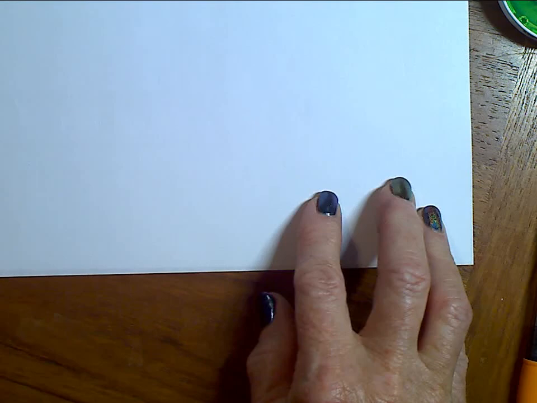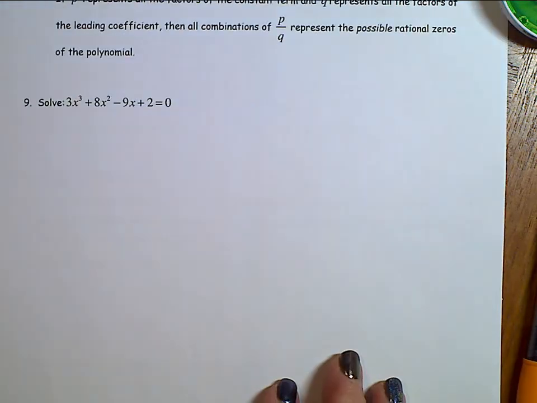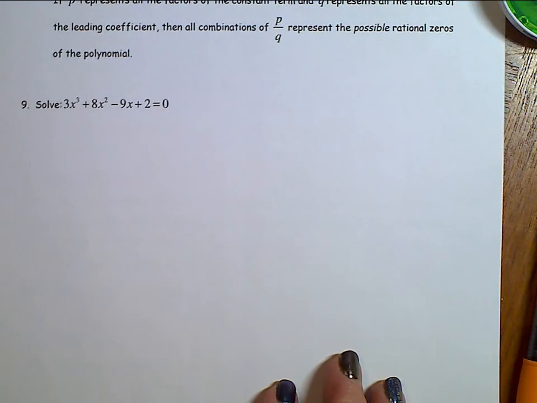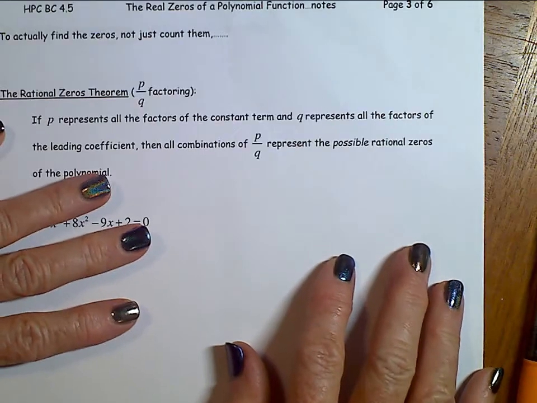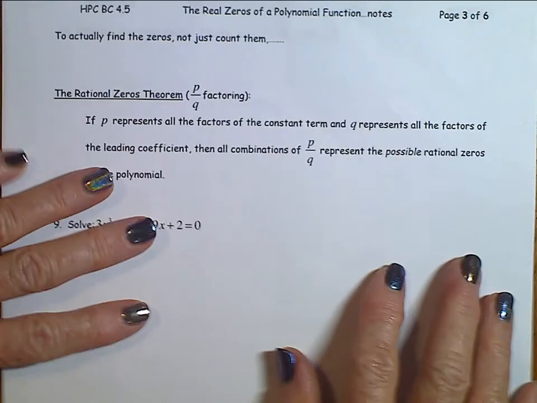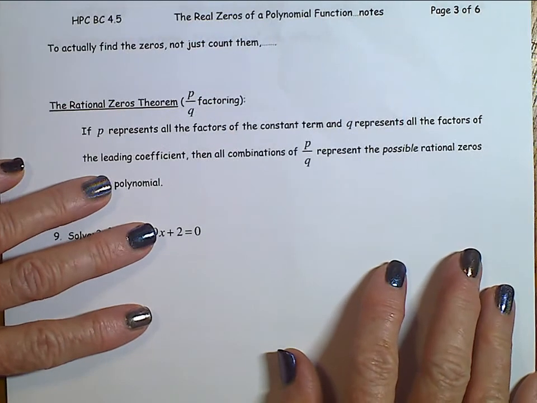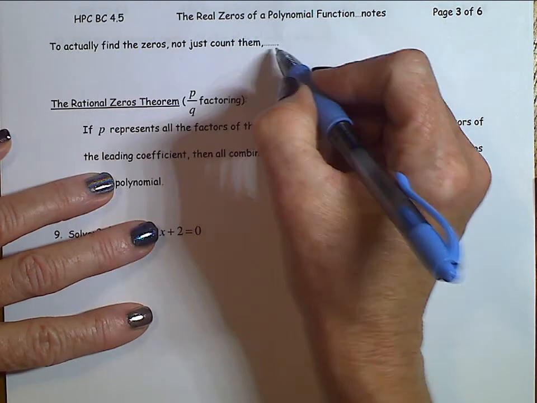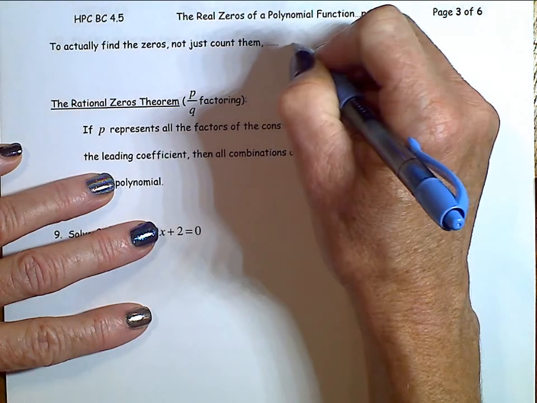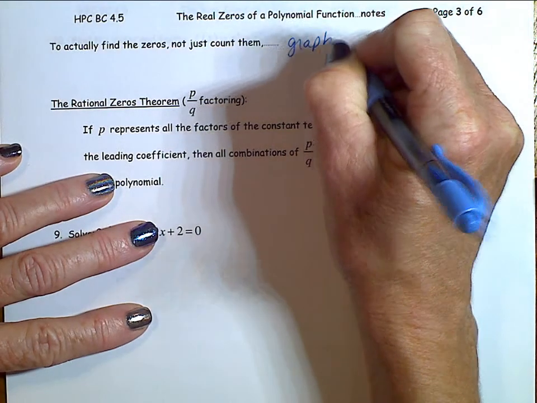Let's look at this page. Now, what happens if we want to actually find the zeros, find what those zeros are, not just count them, but know exactly what those are? There are lots of ways we can do this. To actually find the zeros, we could draw a graph off of your calculator.